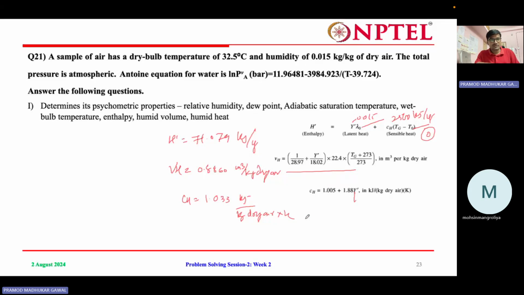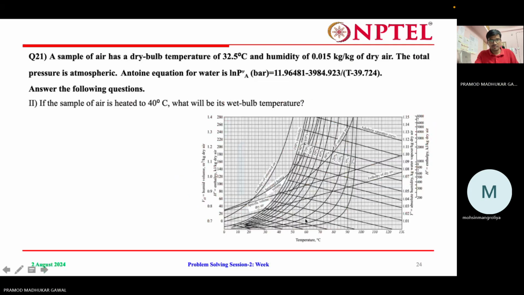Now the statement is the same, but we have to calculate something different. In the same statement, if the sample of air is heated to 40 degrees Celsius, what will be the wet-bulb temperature? Here the wet-bulb temperature means TW, right? It is 40 degrees Celsius given, so you have to use the psychrometric chart. The humidity is 0.015, same.